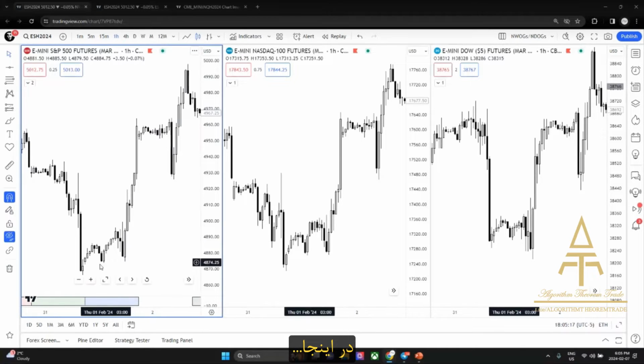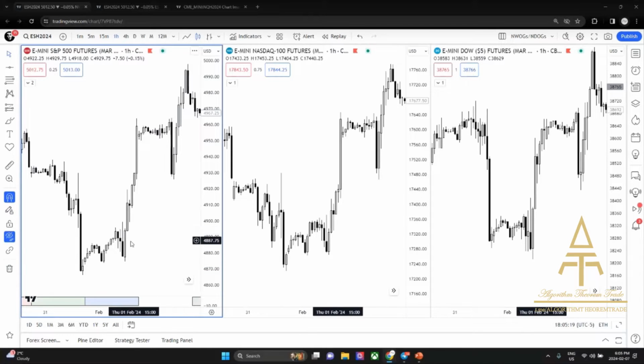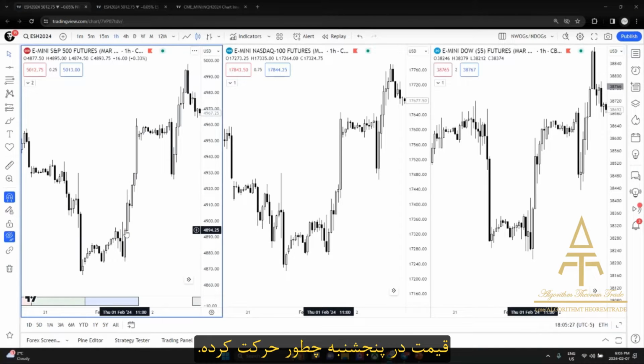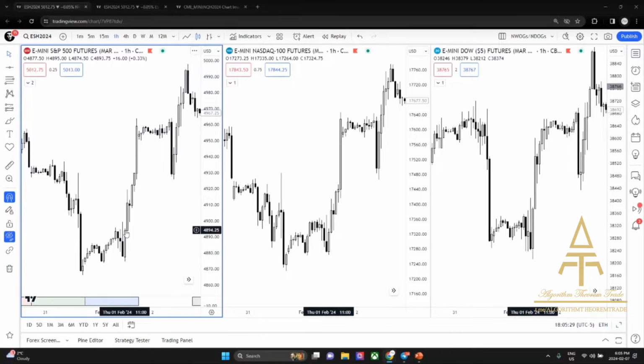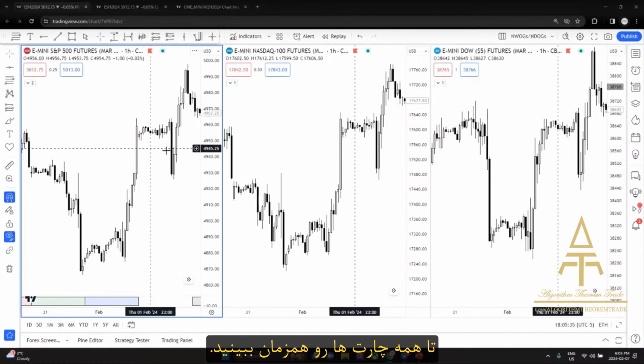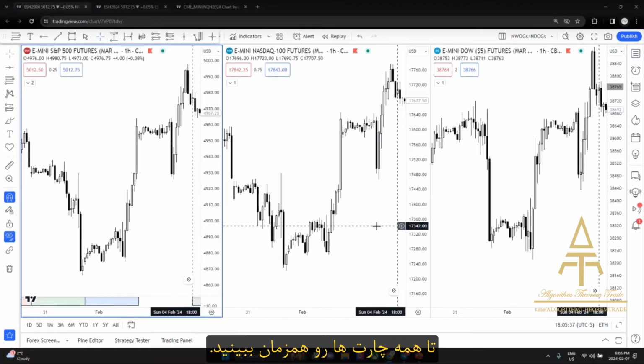So right here, we have this blue box, which delineates Thursday's price action. It would be better if I use this, so you can see it represented on all of the charts at the same time.